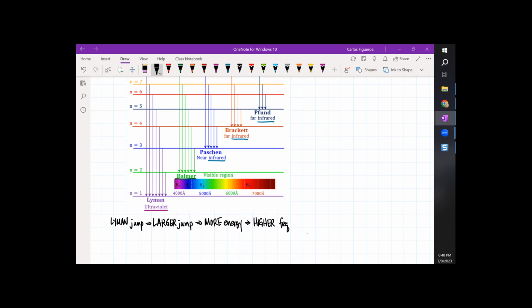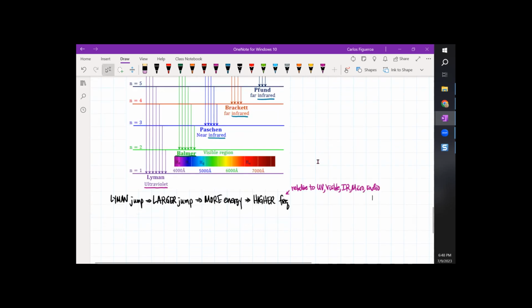So when I say this, I'm really saying that this is all relative to UV, visible, infrared, microwave, and radio. Obviously, the gamma and the X-rays have much, much bigger jumps.